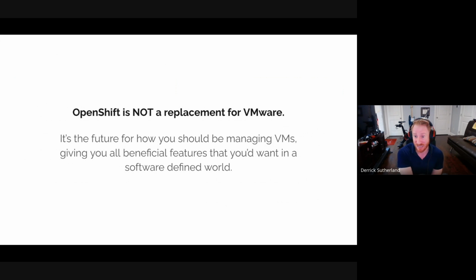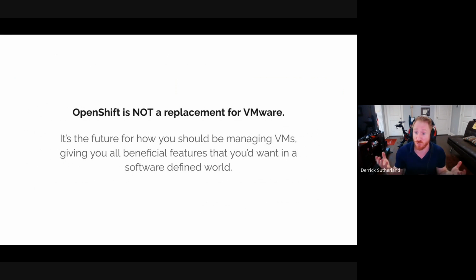VMware has no concept of software-defined networking in the way OpenShift does. VMware doesn't have a concept of service discovery or service meshing. It has no intercommunication between itself and a continuous integration and delivery solution. It's just so fundamentally different.